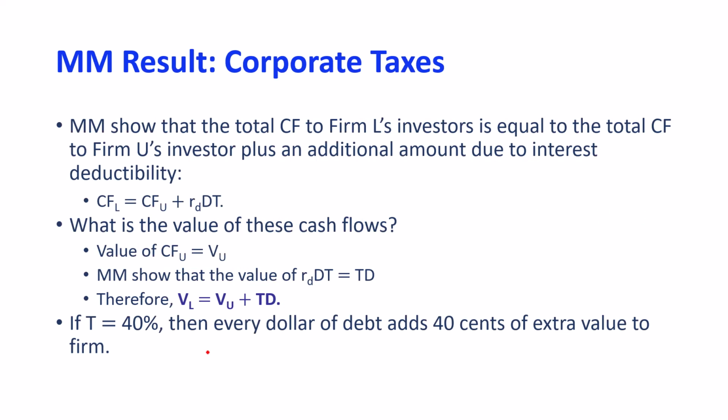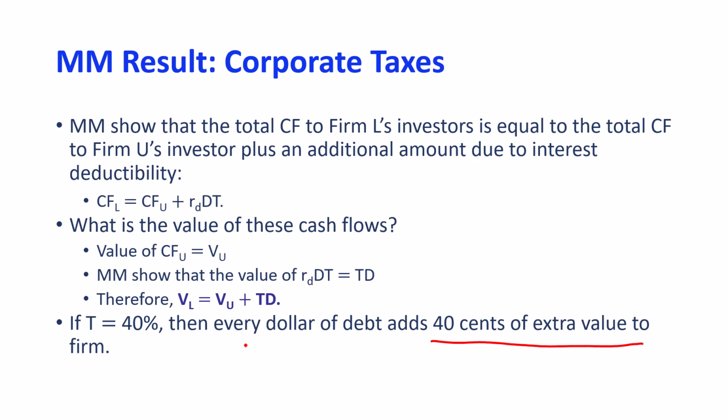So to summarize, Modigliani-Miller showed that the total cash flow to the firm's levered investors is equal to the total cash flow to the firm's unlevered investors plus an additional amount due to interest deductibility. The final conclusion here is that if the tax rate, say, is 40%, then for every dollar of debt, you're adding 40 cents to the value of the firm.